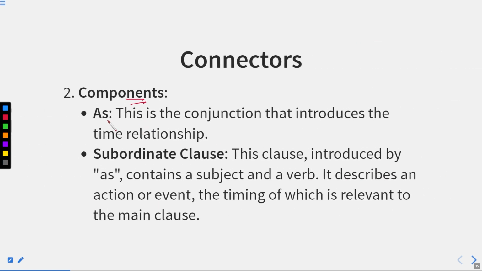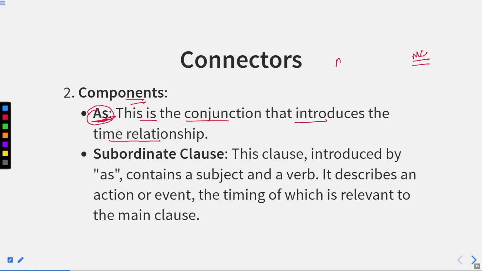Now, what are the components? As is the conjunction that introduces the time relationship. In the as clause, as is actually the conjunction which is used to introduce the time relationship. It means whatever the main action is over there, this depends on some time, or this happens parallelly with another action.